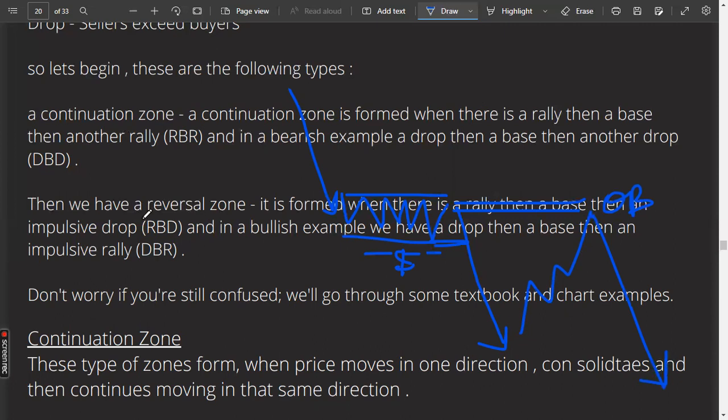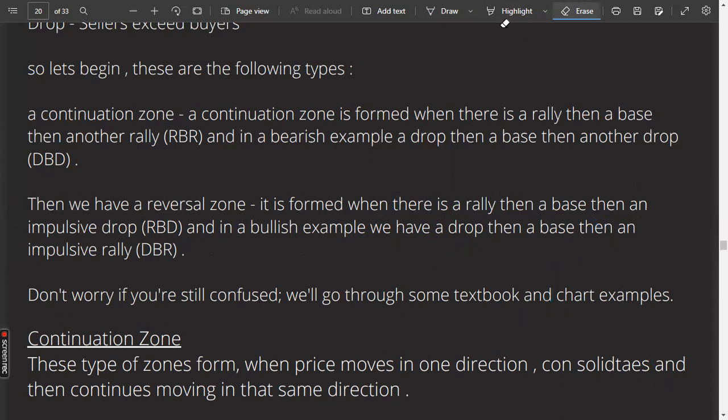So that's how we can understand when we talk about continuation trend, okay? They are just structures that we will see in the market. And some of them we have already seen in my analysis when I was explaining break of structure and liquidity, okay?